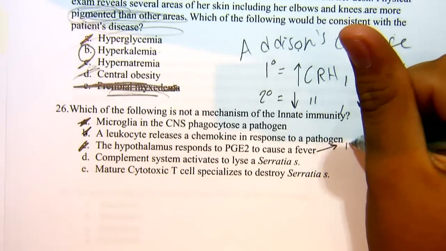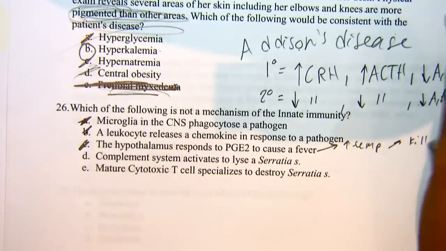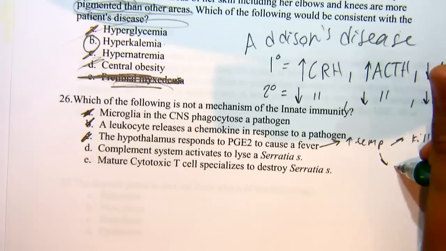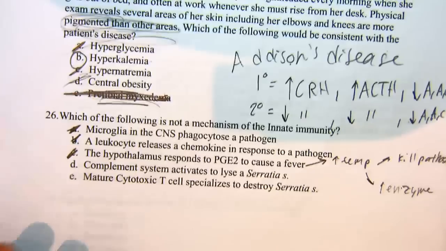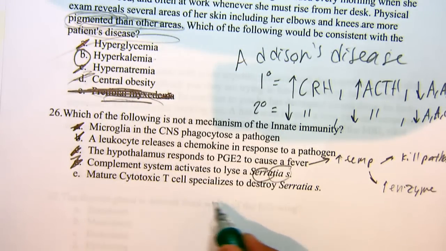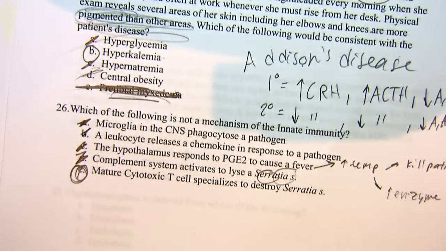So we increase temperature to kill pathogens because they don't like hot temperatures, and to increase enzymatic activity. Okay, complement system activates to lyse a serratia. I don't know what this one is, just serratia. This is true, and then a mature cytotoxic T cell specializes to destroy the serratia. This one is not a mechanism. This is a mechanism of our adaptive immune system.